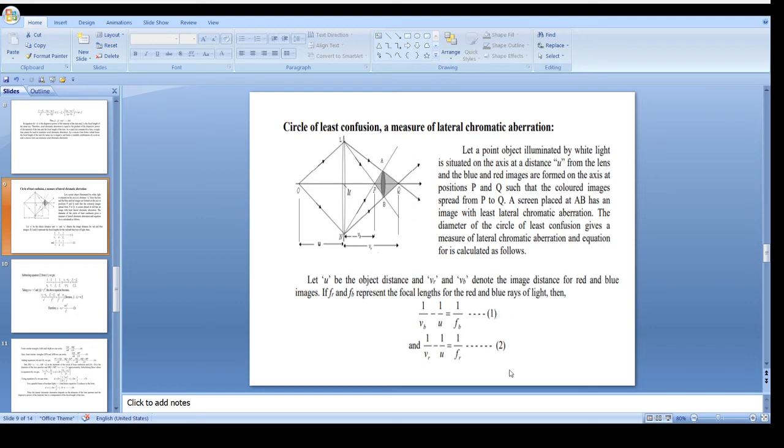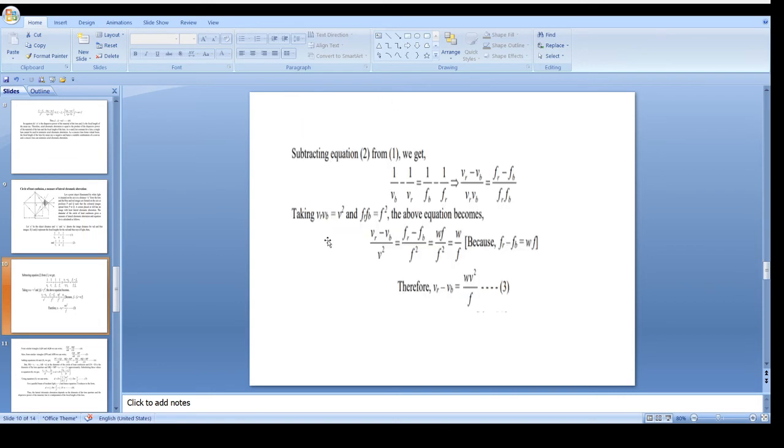Equation 1 and equation 2. Subtracting equation 2 from 1, we get 1 divided by VB minus 1 divided by VR equals 1 divided by FB minus 1 divided by FR. This becomes VR minus VB divided by VR VB equals FR minus FB divided by FR FB.